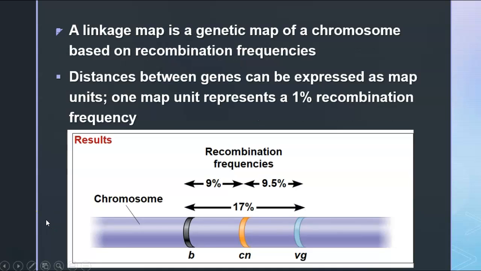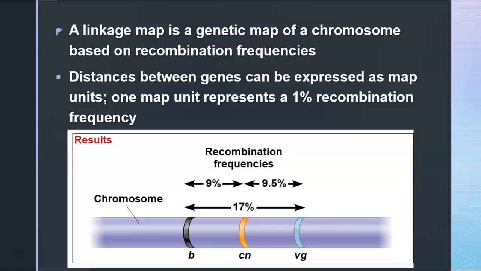Here's a linkage map, and this shows a couple of different things. Black body, I think, and cinnabar eyes and vestigial wings are the ones that those stand for. It's really irrelevant. The point is that you can figure out the distance between genes by calculating that recombination frequency. And basically they're expressed as map units.